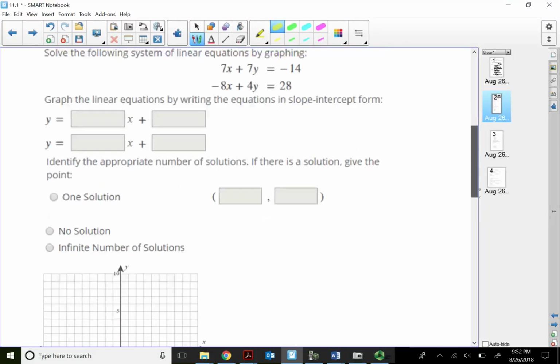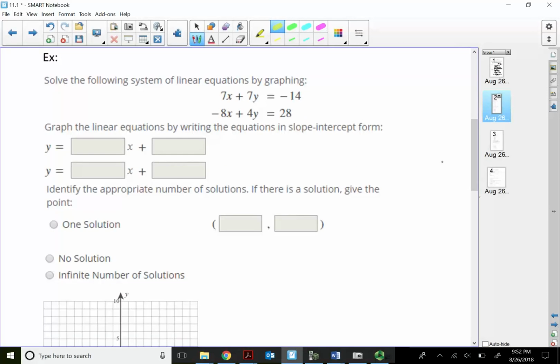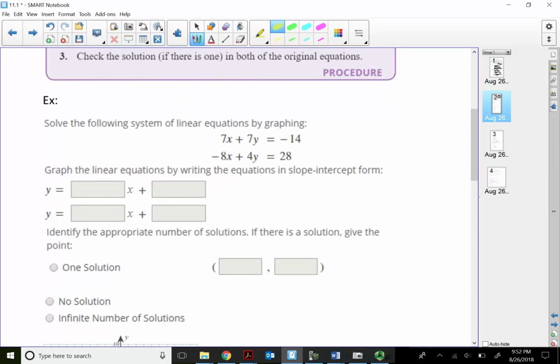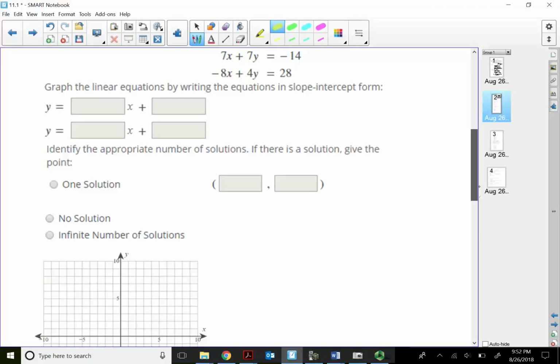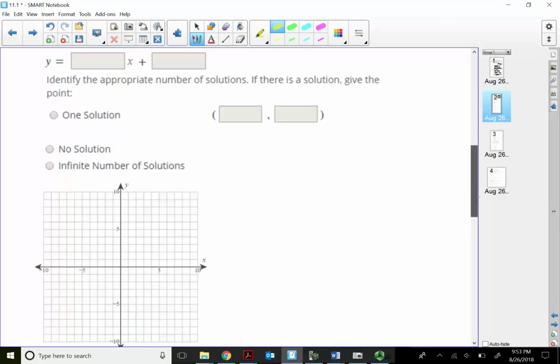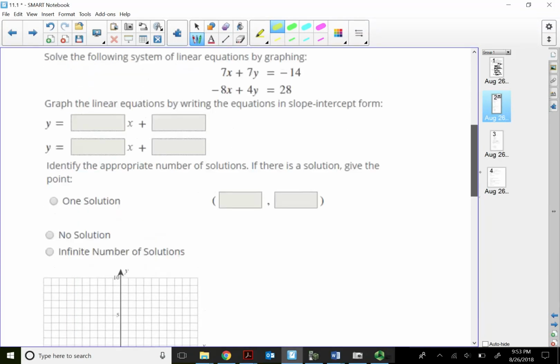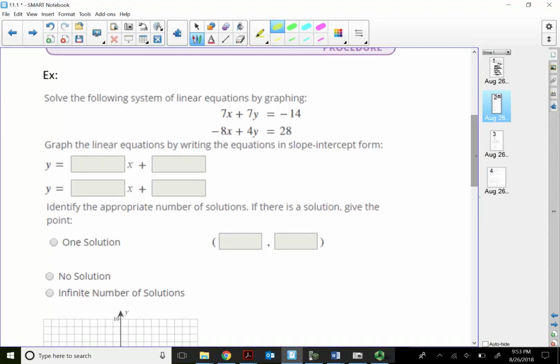But since I'm not using Hawkes Learning right now, I'm going to show you how to draw the two lines by hand. Just remember, when you do these types of problems in Hawkes Learning, once you key in the slope and the y-intercept, they will automatically show you the two lines, and then they'll show you the point of intersection. Here, I have to figure out the point of intersection after I graph. Just bear with me for a moment.